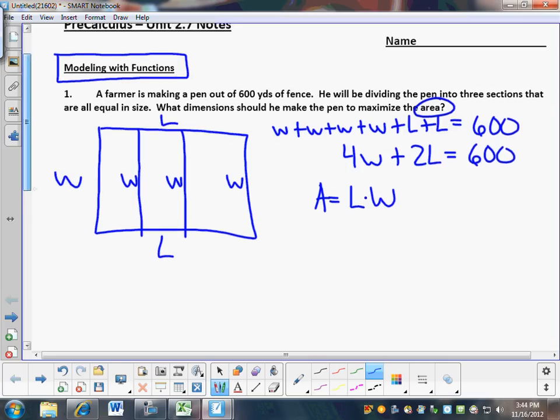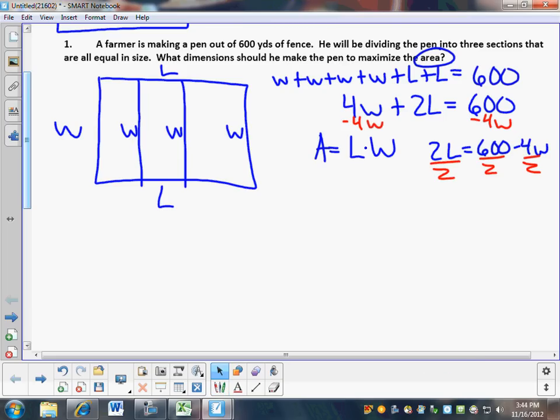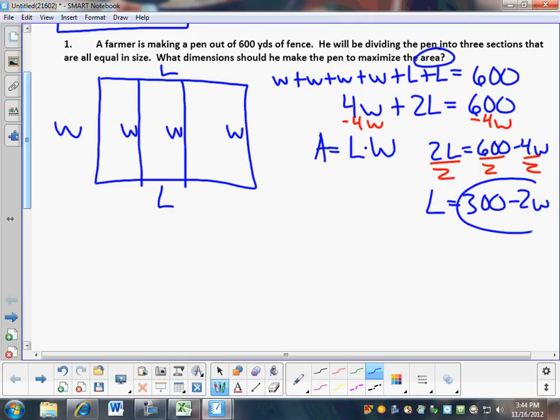So what we can do is solve for one of these pieces. If I subtract 4W from both sides, I get 2L is equal to 600 minus 4W. Divide both sides by 2: L is equal to 300 minus 2W. I'm going to substitute that in.